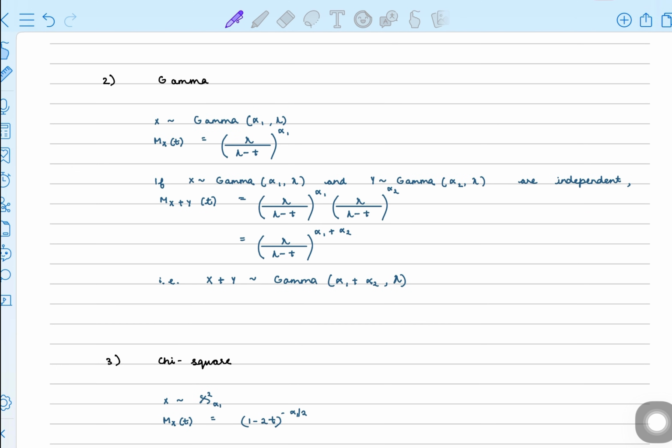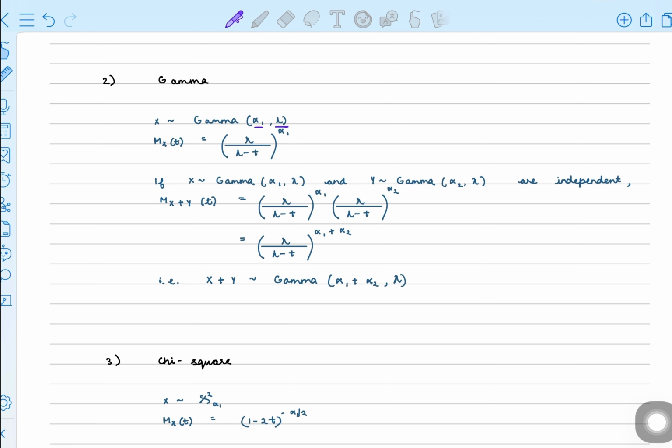Next, we have the gamma distribution. If x is a random variable which follows the gamma distribution with the parameters alpha 1 and lambda, then the MGF is given as lambda upon lambda minus t, whole to the power alpha 1.